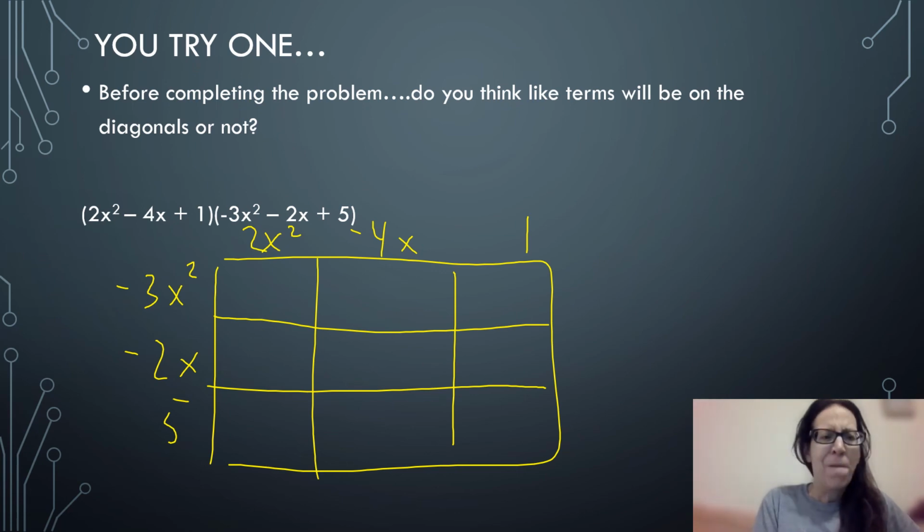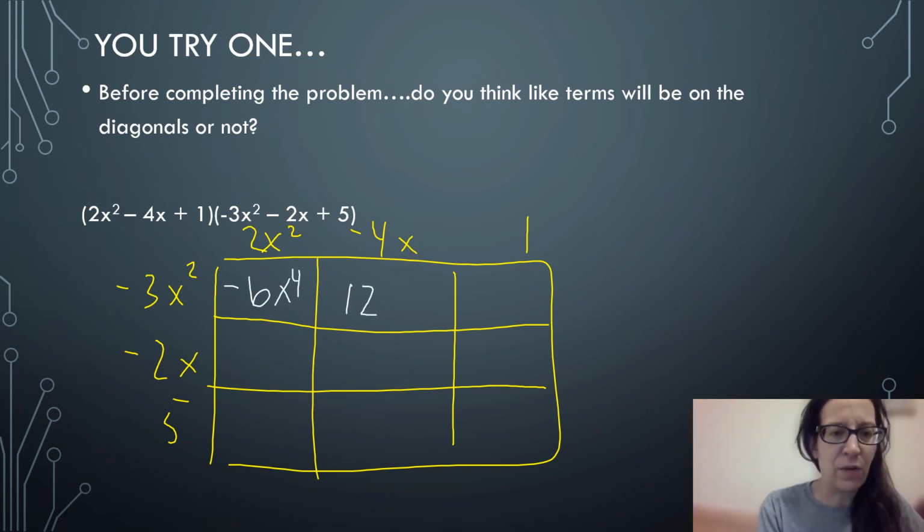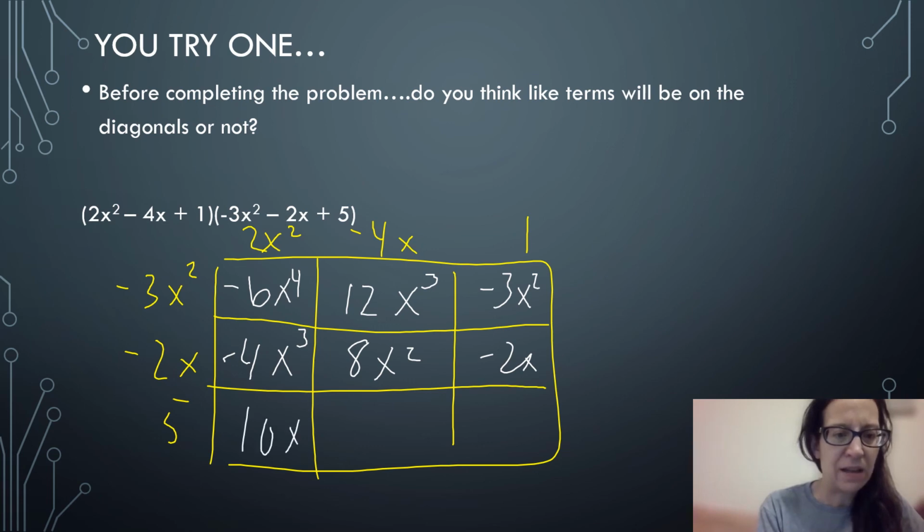Don't do that. Upper left, this will be negative 6x to the fourth. And then a negative times a negative will give us a positive 12x to the third. And this will be negative 3x squared. Negative times positive is negative. So this will be negative 4x to the third, 8x squared and negative 2x, and this will be 10x squared, negative 20x, and 5.